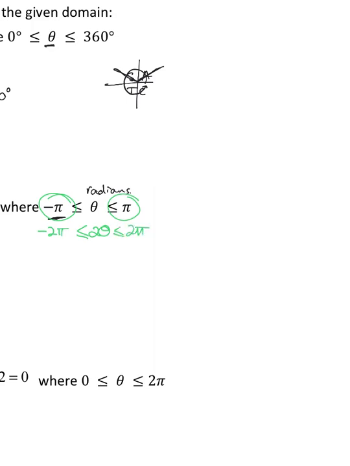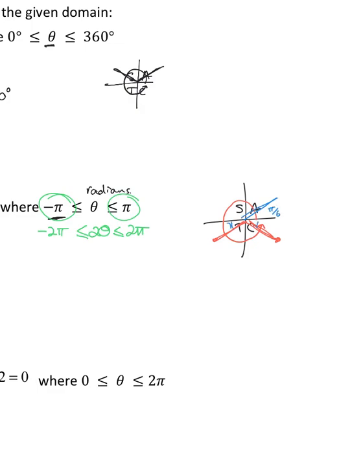So what that means is, let's do it this way. Instead of just going to pi, we're going this way. So that's to 2 pi. So we want all the answers down here because we want the negative answers. So we know that the acute angle is pi over 6.